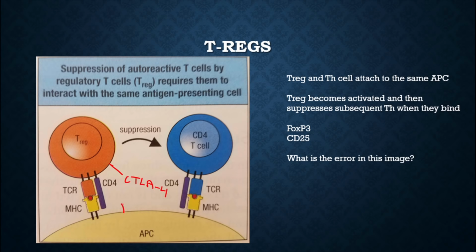And that's going to interact with the B7 protein. So T-REGs, you're wanting to turn down the immune system, so they use that checkpoint inhibitor, the CTLA4. Whereas this one over here has the CD28.